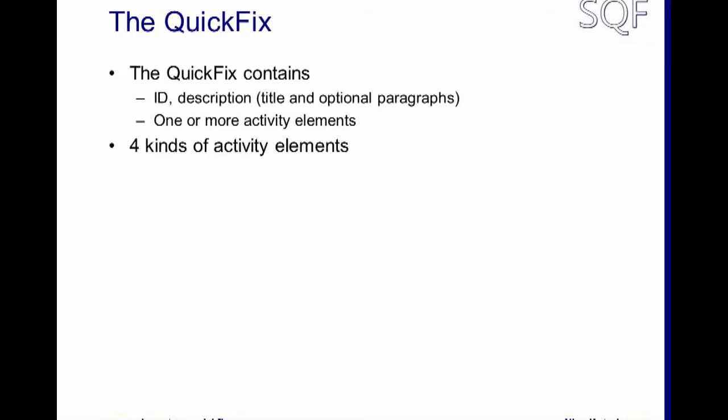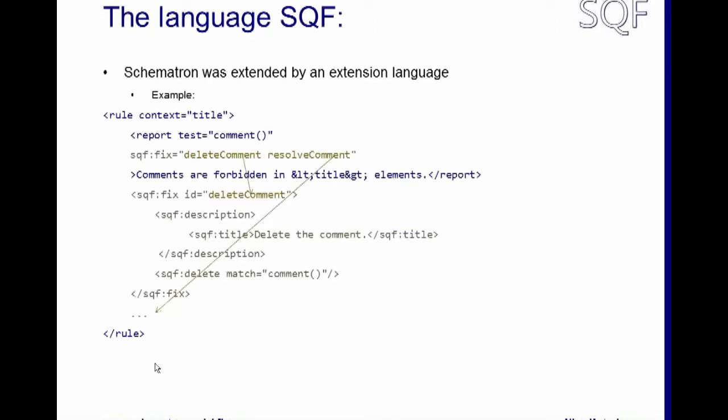There are 4 kinds of activity elements. The first one we know already is the delete element, to delete one or more nodes. So the title could contain more comments. So in this example before, every comment in the title element will be deleted because they're matching this XPath expression.